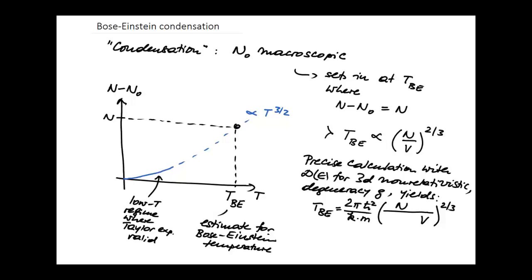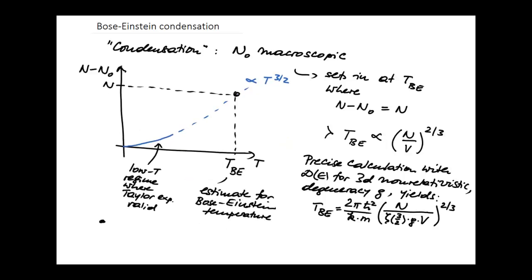And then in the denominator, there are still two prefactors. There's the zeta function, a special function, evaluated at 3/2, times the degeneracy factor G. So this is the precise formula when you solve the condition with the full expression for the level density.